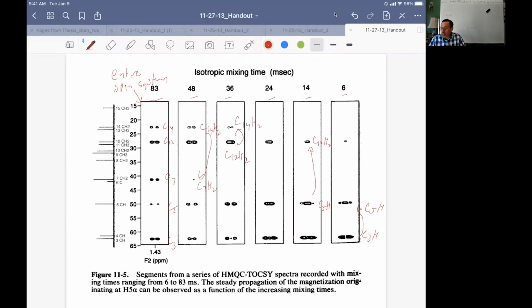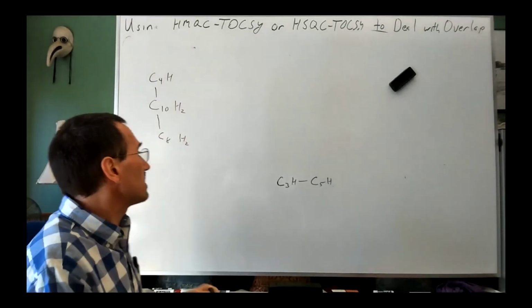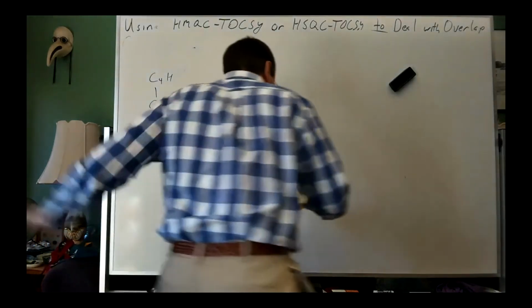In other words, we've managed to start at one end of the spin system and walk our way sequentially through the entire spin system. We've got the entire spin system now waiting for us, ready for us to pick this out. And so I'm going to draw this entire spin system on my whiteboard here.